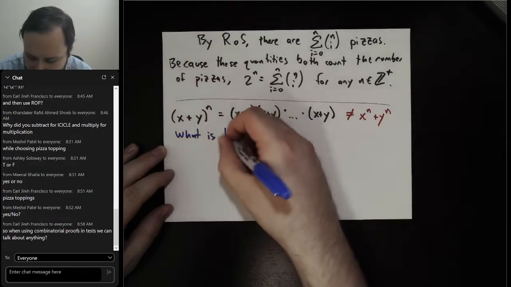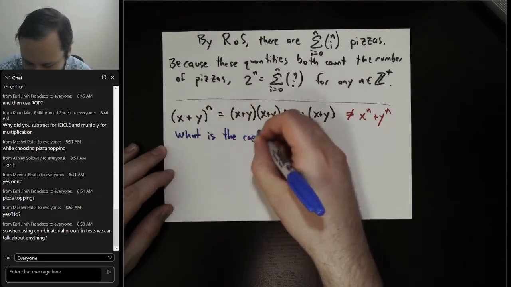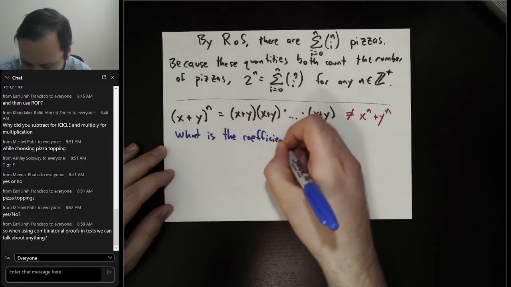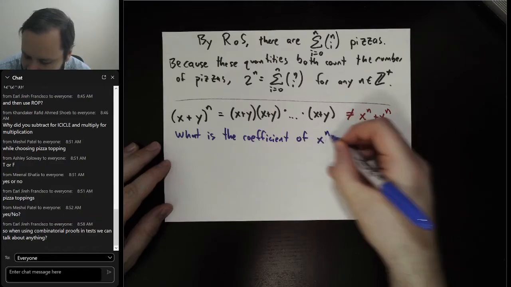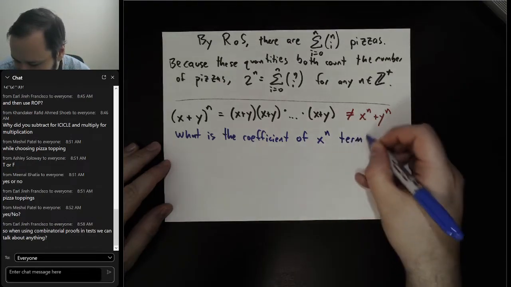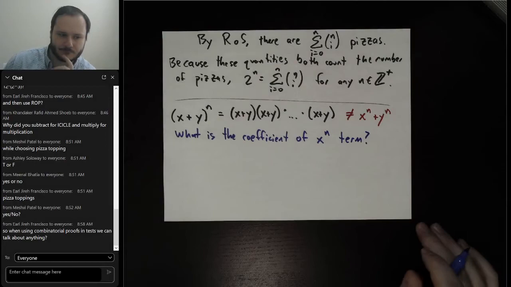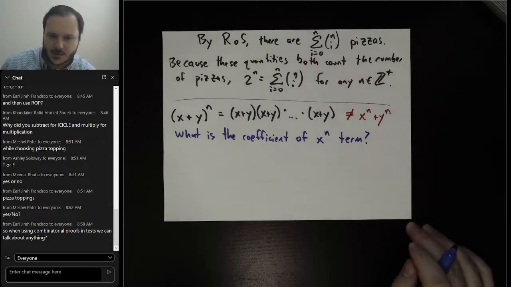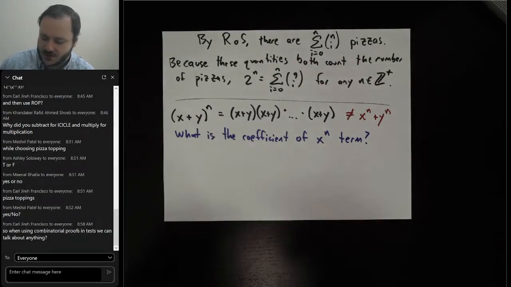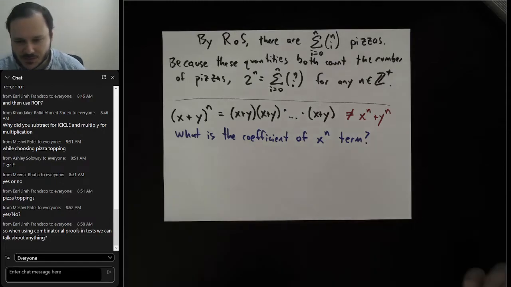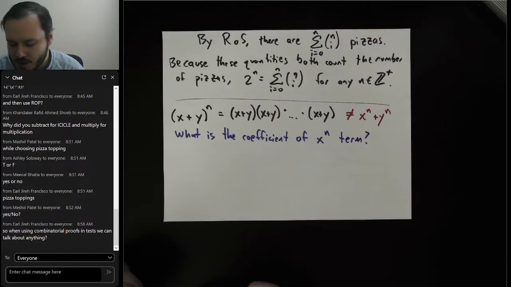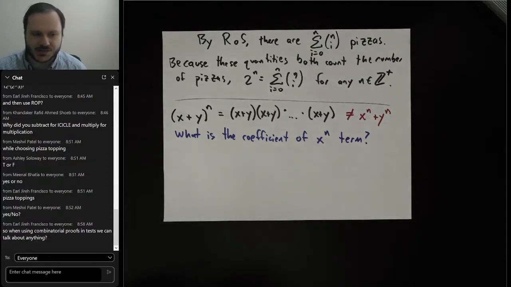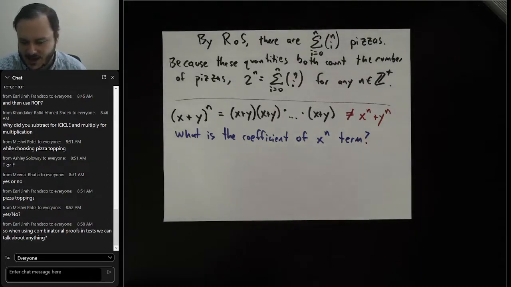What is the coefficient of the x to the n term? I can think about multiplying these all together. I'm going to get some terms with some x's, some terms with some y's. But what coefficient is going to be in front of x to the n?